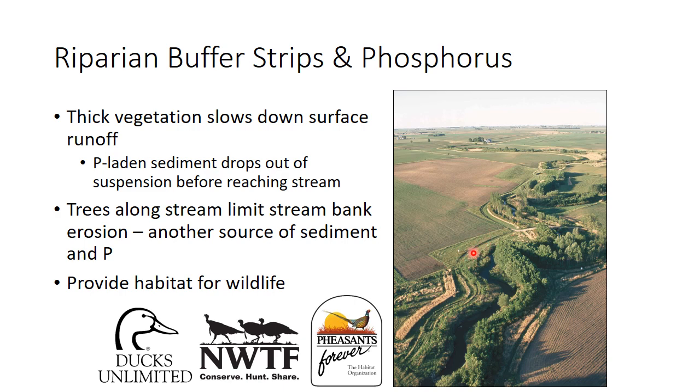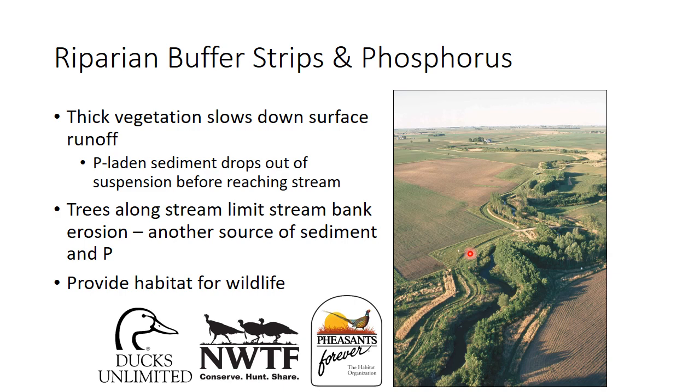And so over time, we accumulate sediment in this buffer strip, while the water can still percolate down and eventually get into the stream. But the phosphorus stays behind as part of the sediment that was filtered out. And so that's one way that phosphorus is prevented from getting into the stream and eventually to a reservoir downstream.